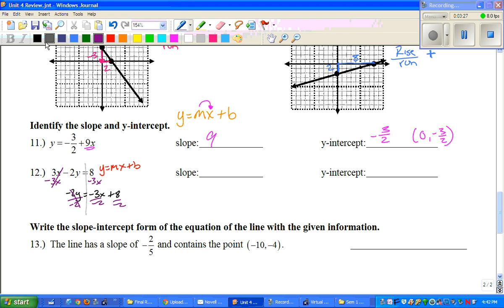Divide by negative 2. Y equals 3 over 2 x, two negatives make that a positive, minus 4. Okay, so the slope is 3 over 2 and the y-intercept is negative 4. Okay?